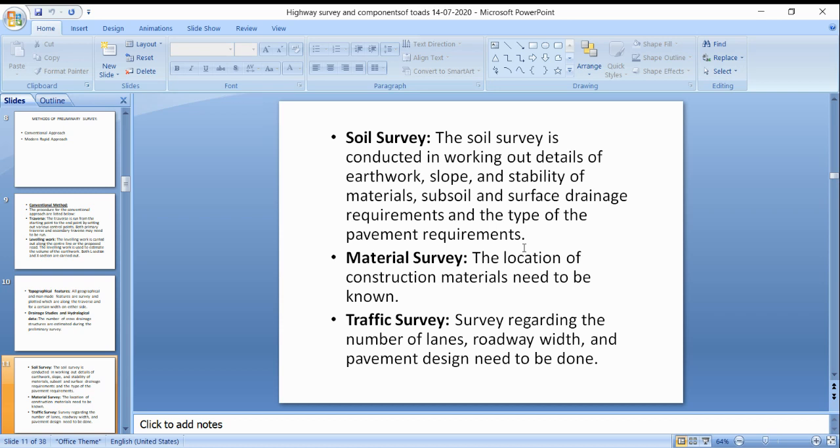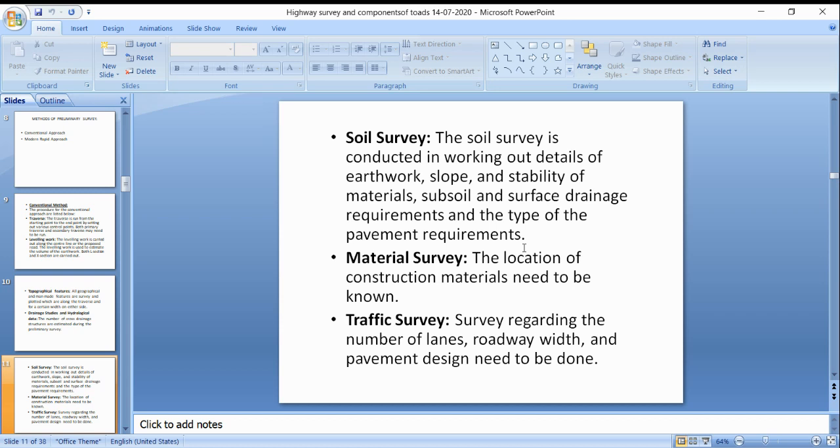So we also have to check how much time it will take to drain off the water on the surface. Then the requirement and the type of pavement: if this capacity is there, which type of road, either a flexible road or a CC road, we have to lay on that surface, we have to see.